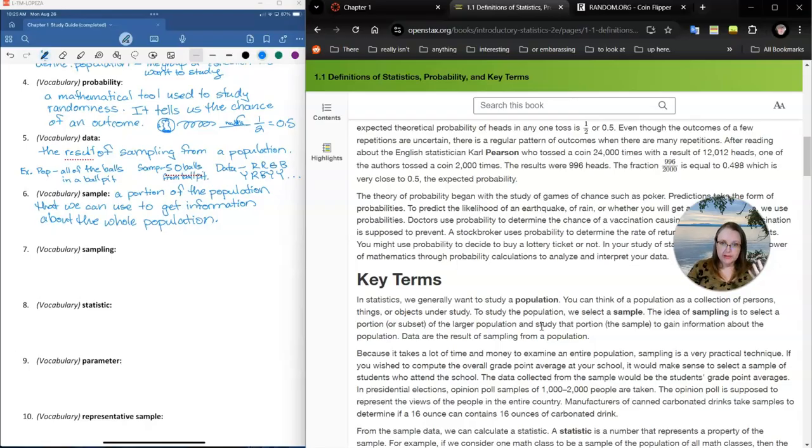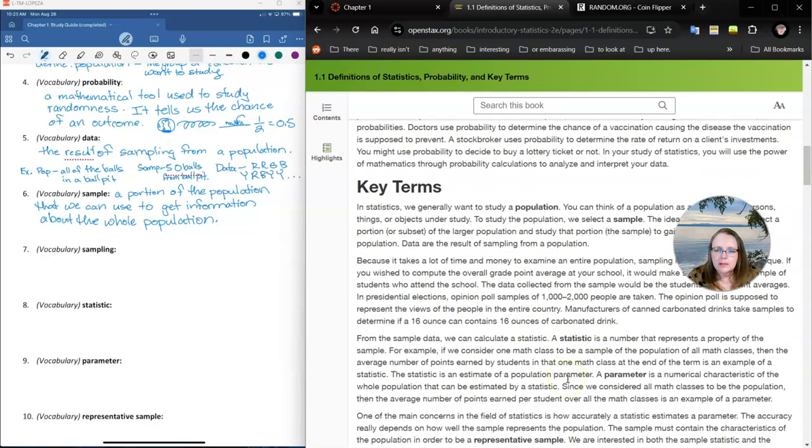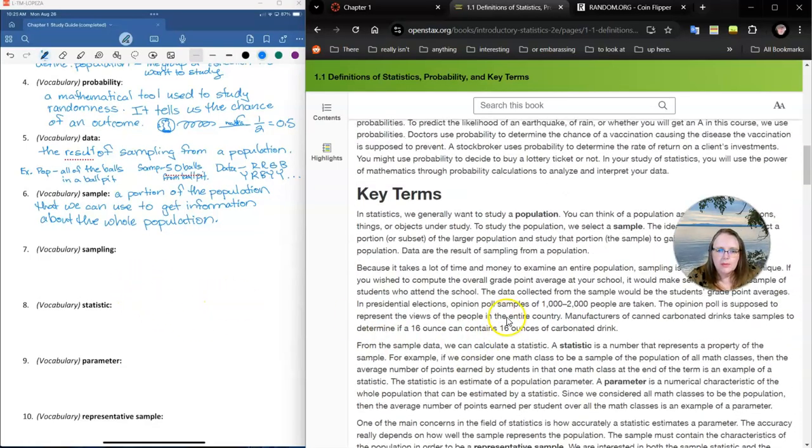And that data is just the information that I collected from my sample of the population. Population, all of the balls in the ball pit. Sample, the 50 that I pulled out. Data, the colors of the 50 balls that I picked out of the ball pit. Those are those things. And then what else do we have here?